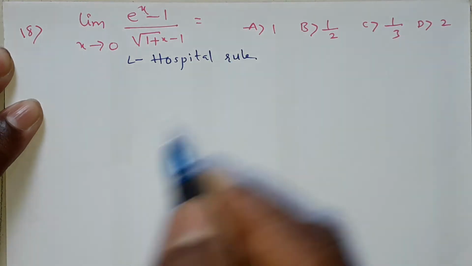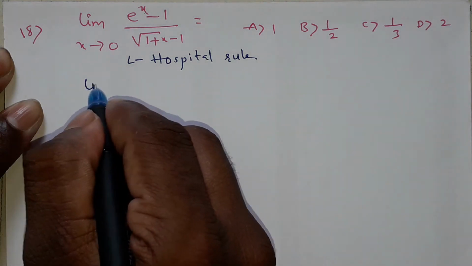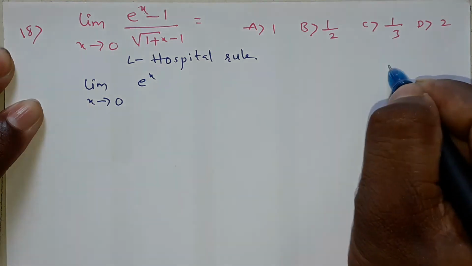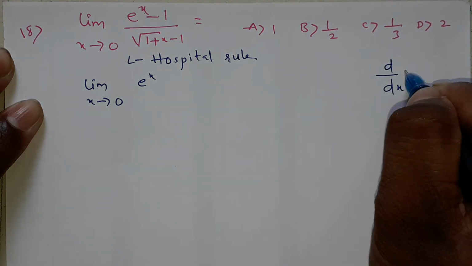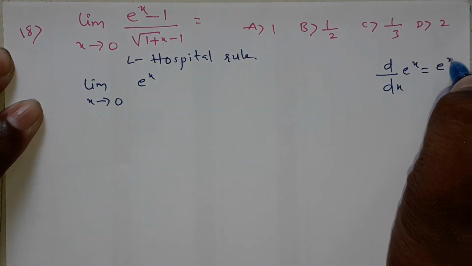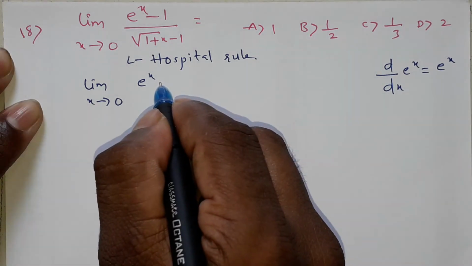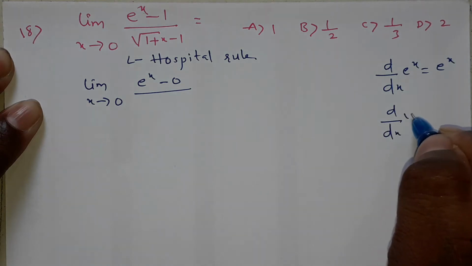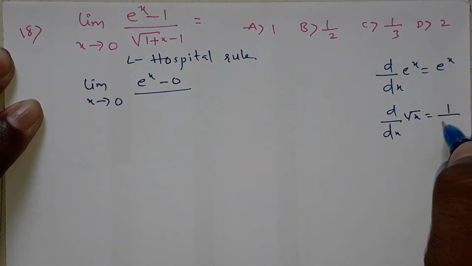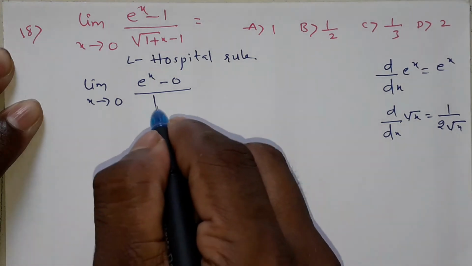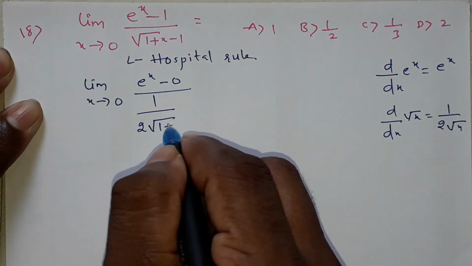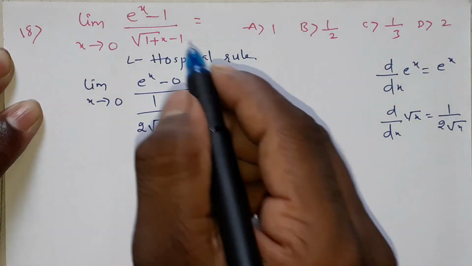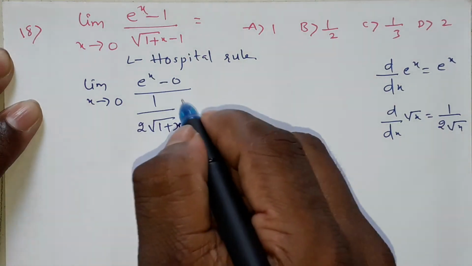Apply the L'Hospital rule. Limit x tends to 0, the derivative of e^x is e^x, the derivative of the constant is 0. The derivative of root x is 1 by 2 root x, so here 1 by 2 root (1 + x). Again apply the chain rule, the derivative of 1 plus x is 1.